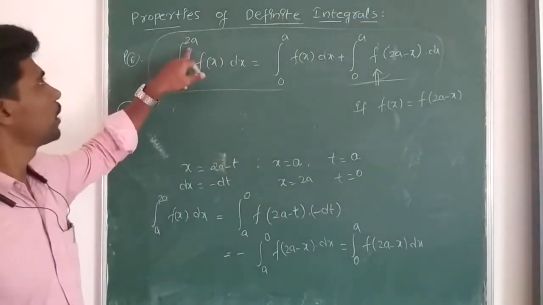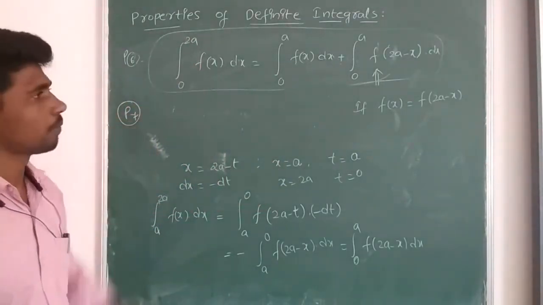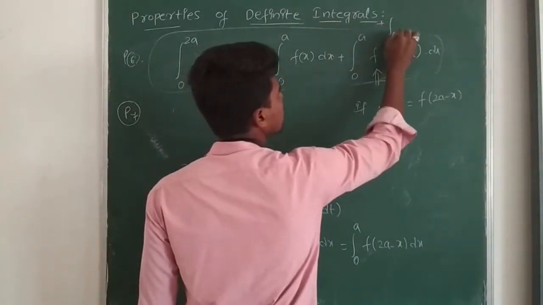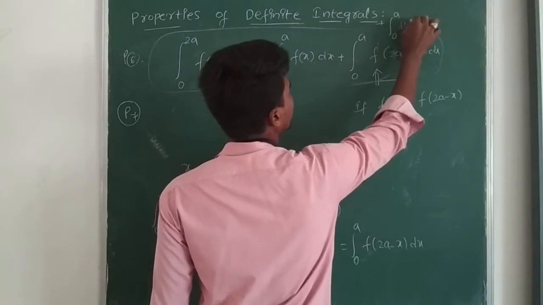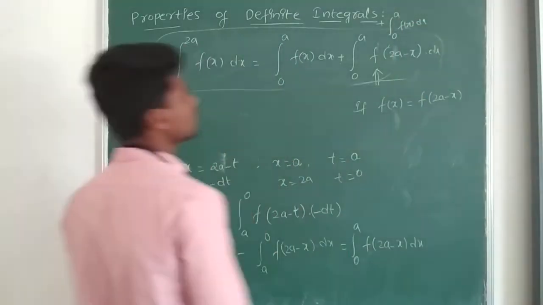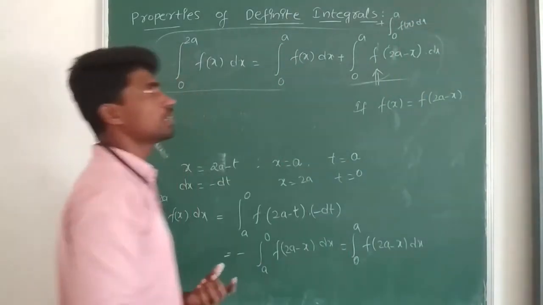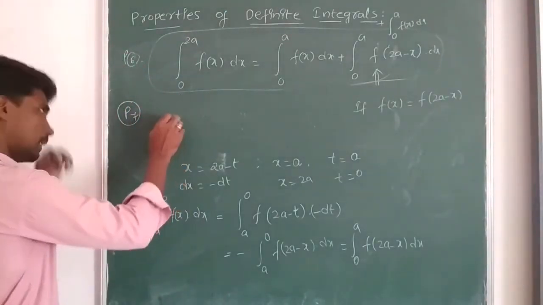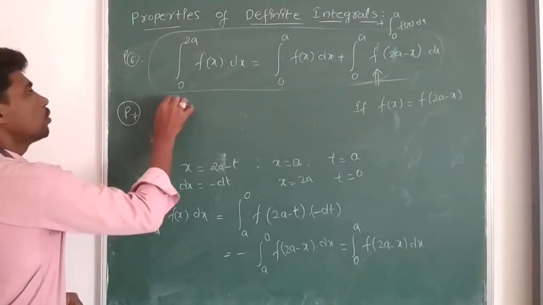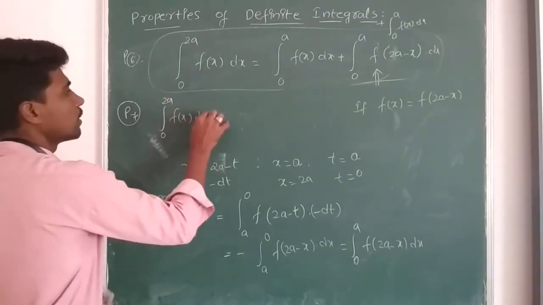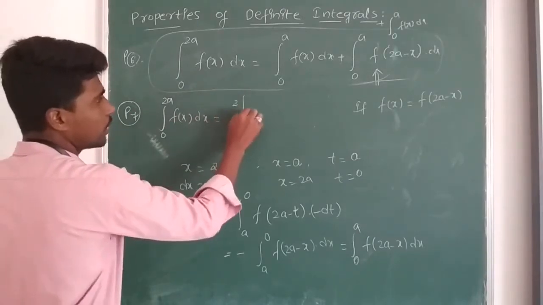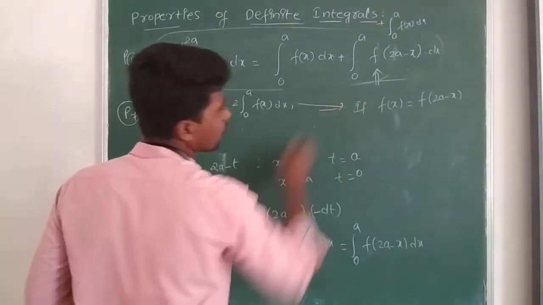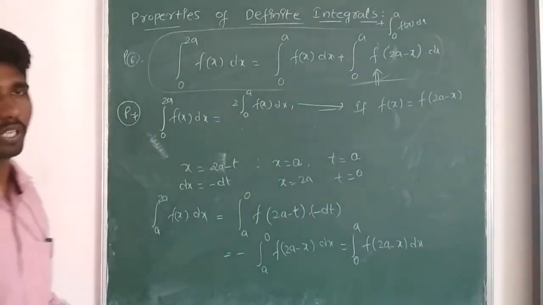If the values of f of 2a minus x and f of x are both equal, this becomes plus integral 0 to a f of x dx. So integral 0 to a f of x dx plus integral 0 to a f of x dx is 2 times integral 0 to a f of x dx. That is the first condition. So integral 0 to 2a f of x dx will be equal to 2 into integral 0 to a f of x dx if f of x is equal to f of 2a minus x.